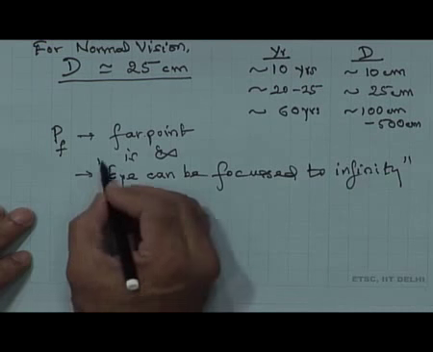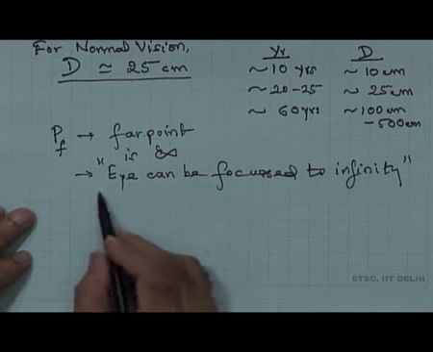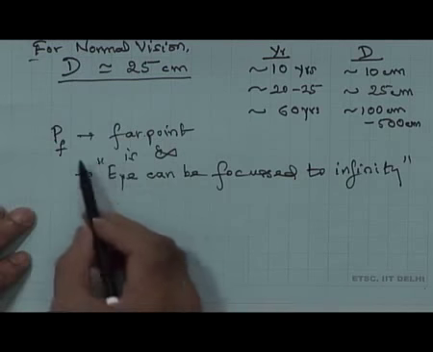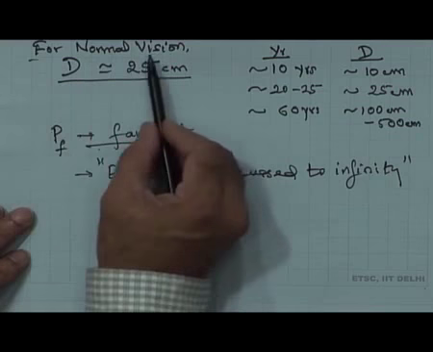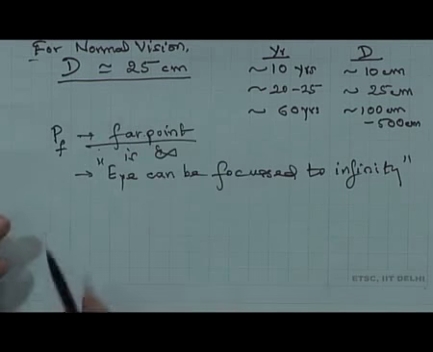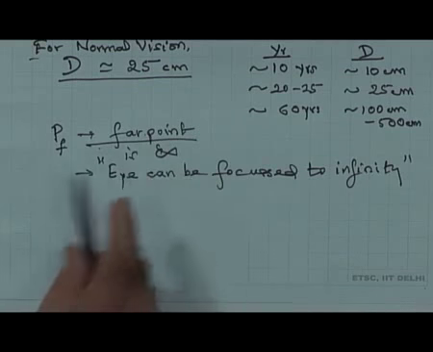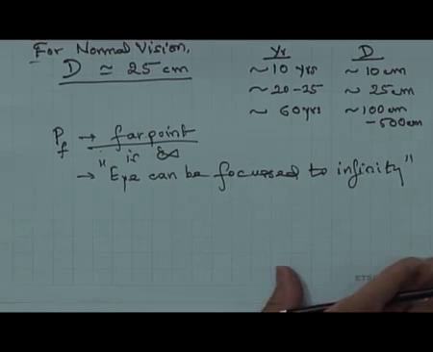Which means that objects which are at a large distance are also clearly visible, and therefore, for normal vision far point is infinity and near point is approximately D equal to 25 centimeters. This has some important implications subsequently when we discuss microscopes and telescopes.